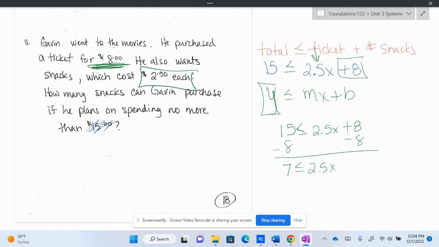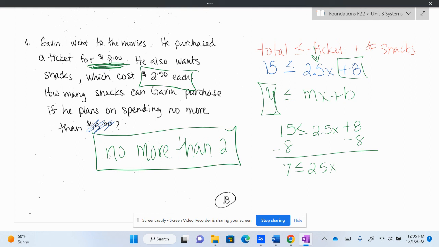Yeah. If you buy 3 snacks, you're going to have 50 cents in the hole. So you're going to be doing dishes or cleaning up the theater afterwards or something, right? So how many snacks can he buy? No more than 2.